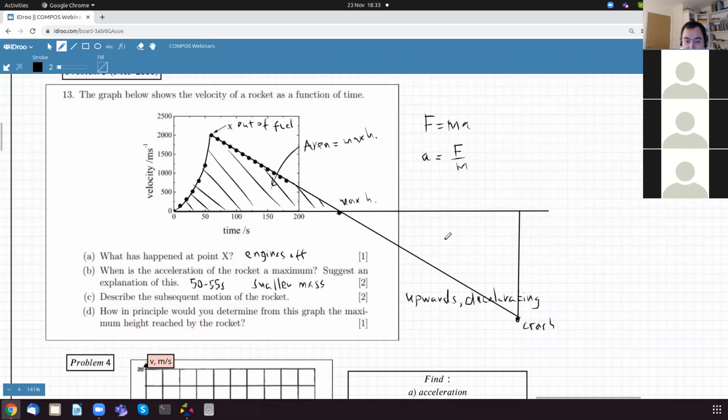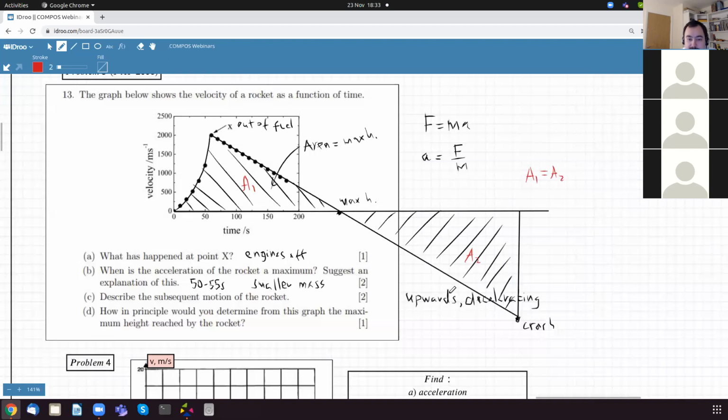Exactly. And this area has to be exactly equal to this area, because the distance traveled upwards has to be equal to the distance traveled downwards. So area 1 is equal to area 2.